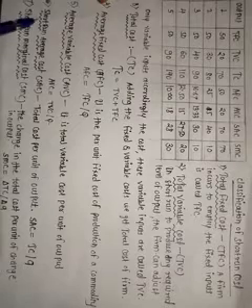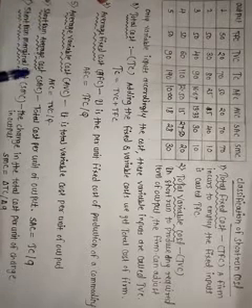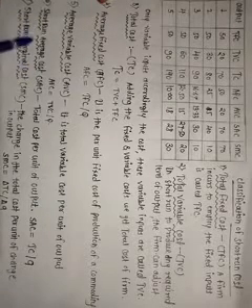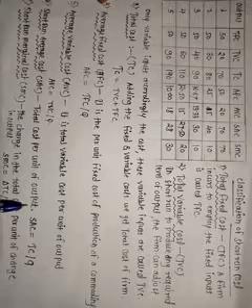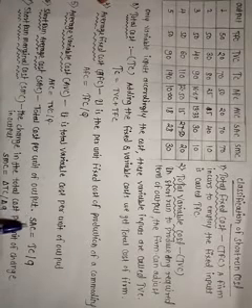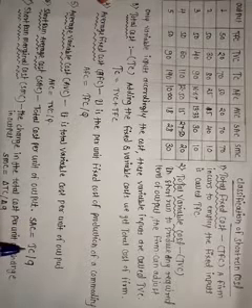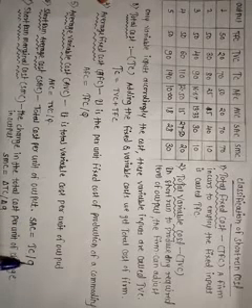Then next one is short run average cost. Short run average cost means it is the total cost per unit of the output. We get the short run average cost by using this formula. SAC means short run average cost is equal to total cost divided by quantity.